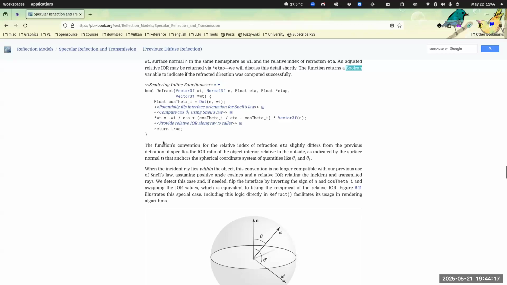The function's convention for the relative index of refraction eta is slightly different from the previous definition. It specifies the IOR ratio of the object interior relative to the outside, as indicated by the surface normal n that anchors the spherical coordinate system of quantities like theta i or theta t.